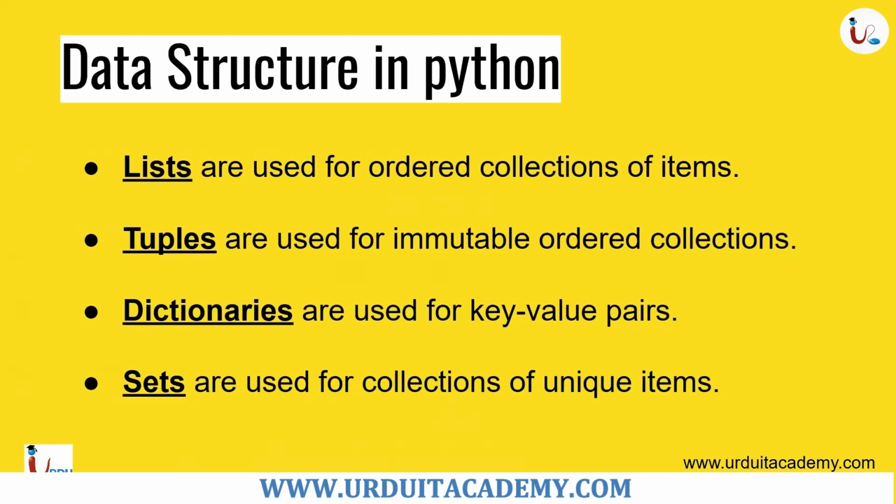They are defined using curly braces and are highly efficient for lookups. The last one is a set. Sets are unordered collections of unique items, defined using curly braces, or we can use the set function also.